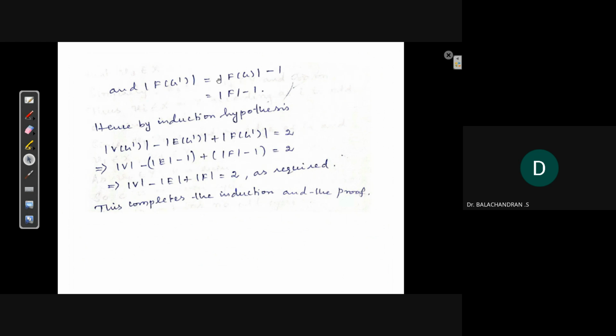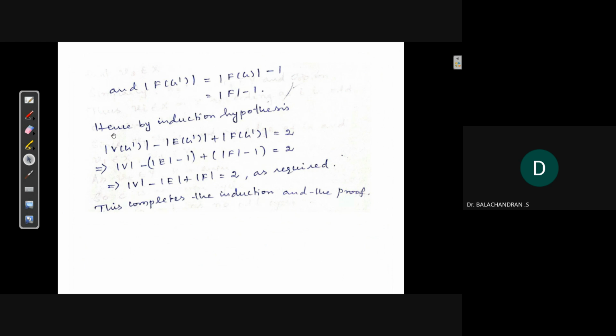The number of faces in the original graph G is the cardinality of F of G. So the number of faces in G dash is equal to the number of faces in G minus 1. Instead of F of G, I'll just write F.